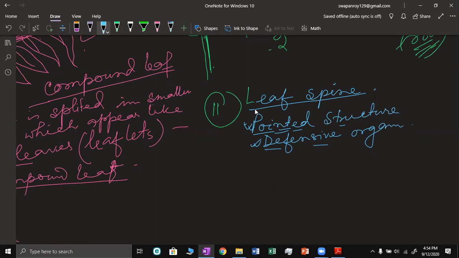So leaf spines are pointed structures, defensive organs. Thorns and spines are similar things, but the spine is a modification of leaf and the thorn is a modification of a stem or branches.